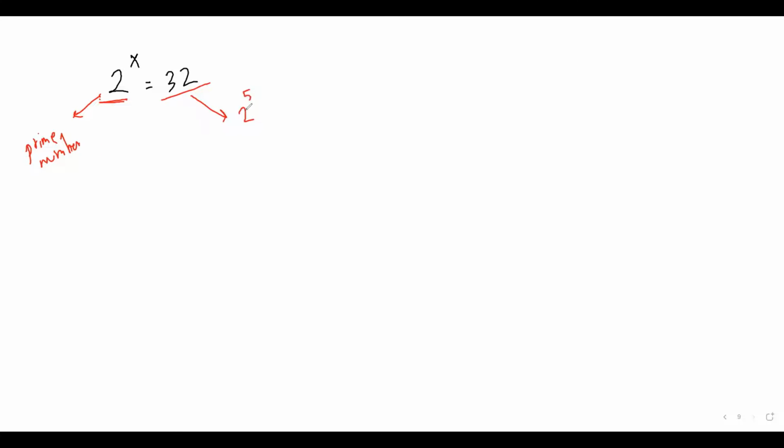However, if you don't know the answer directly, don't panic, because from topic 1, I have taught you how to rewrite any number as the product of its prime numbers. So basically, this is the technique. You start dividing, with the smallest prime number, which is 2. The answer is 16. Again, it is divisible by 2, so we continue one more time, another time, and lastly, you get 1. So 32 is 2 raised to the power of 5.